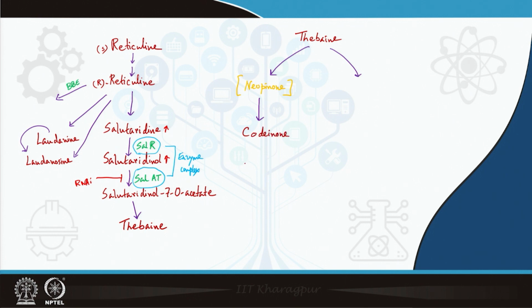And from codeinone it makes codeine, and from codeine it makes morphine.